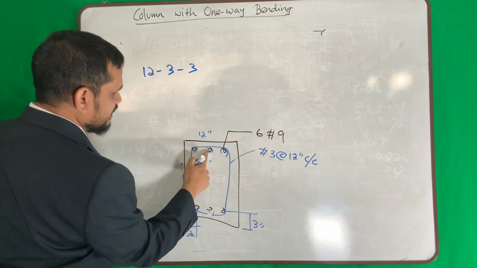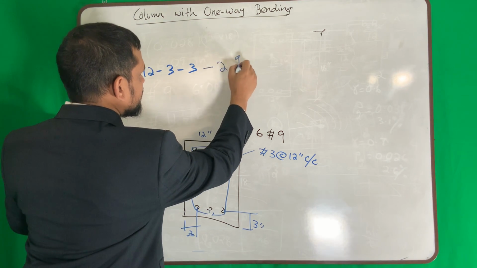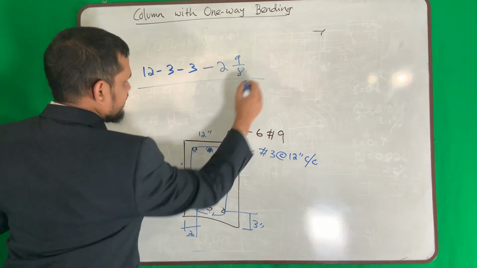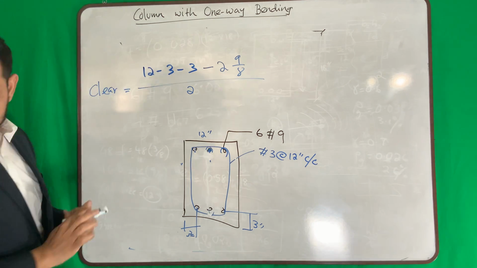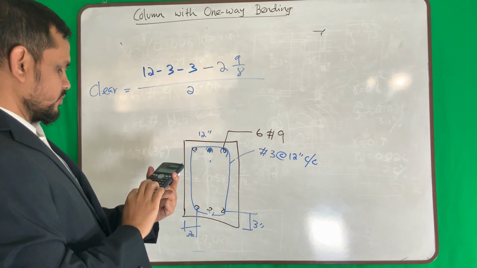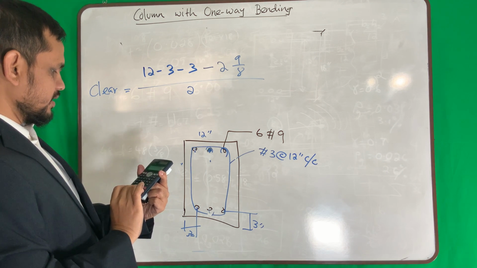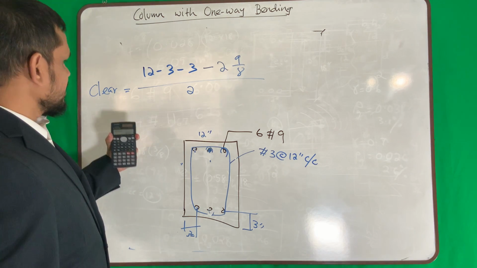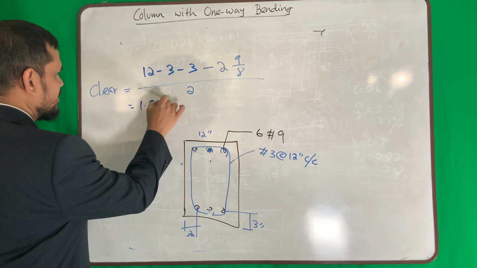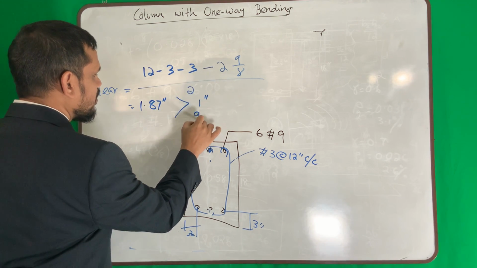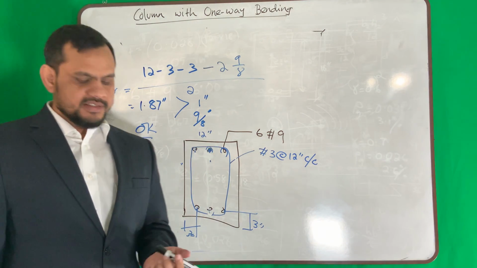Then 1 bar here, half here, half here. So I have 2 bars, 2 times 9/8 divided by 2. That is the clear spacing. So 12 minus 6 minus 2 times 9/8, divided by 2, is 1.87. 1.87 is greater than 1 inch or bar diameter. So it is okay. Then you can finalize this design.